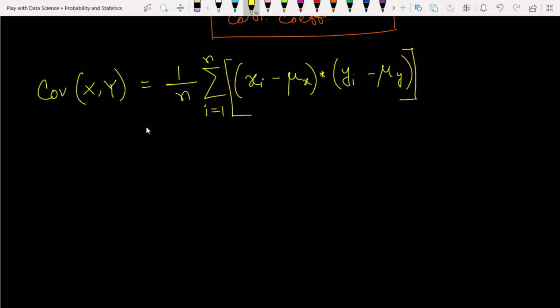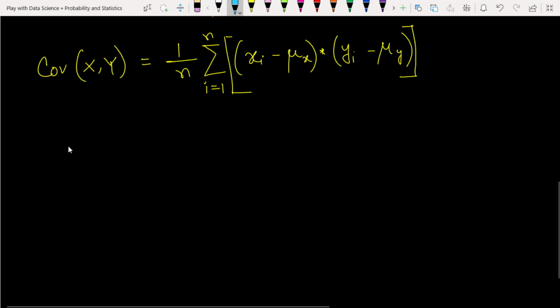Now let's try to understand this from a geometric point of view. But before that, here we have two different variables, x and y.